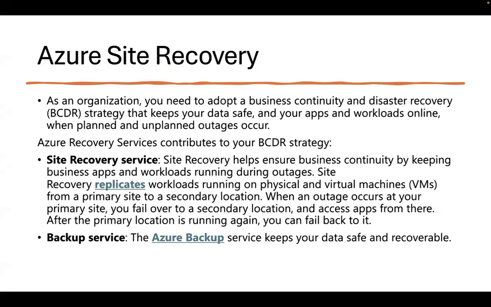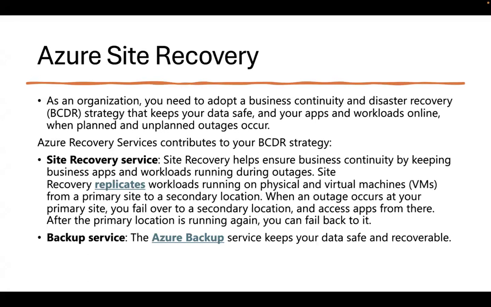Okay, there are two points here. One is the Site Recovery service. The Site Recovery service helps ensure business continuity by keeping business apps and workloads running during outages. Site Recovery replicates workloads running on physical and virtual machines from a primary site to a secondary location, which we just discussed.